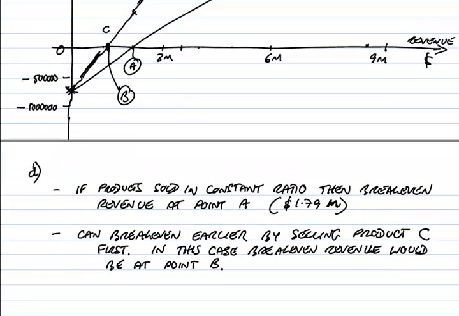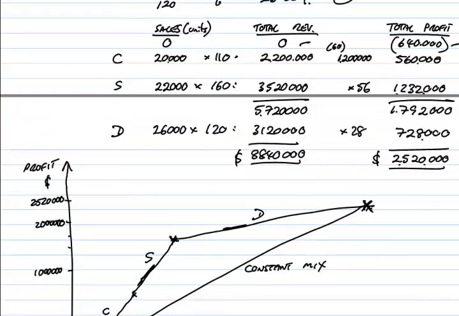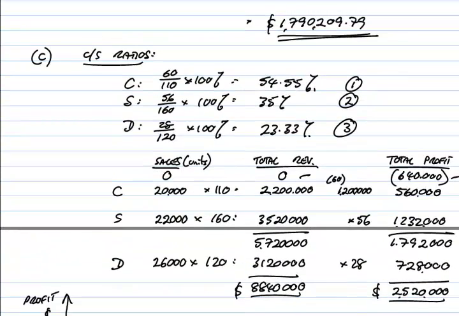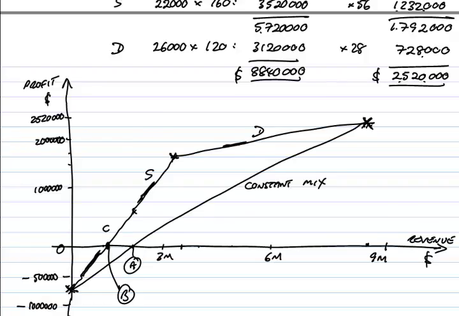Now, she didn't actually expect you to do arithmetic on this, but it's actually rather quick, because we already know the CS ratio for product C. It was 54.55%.